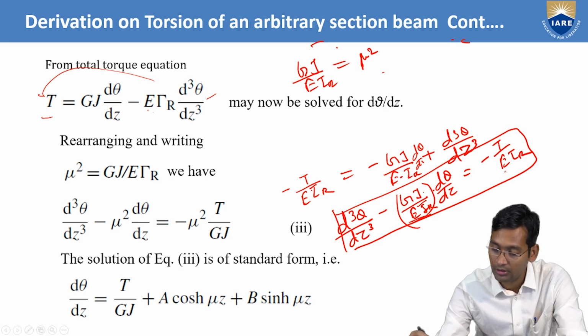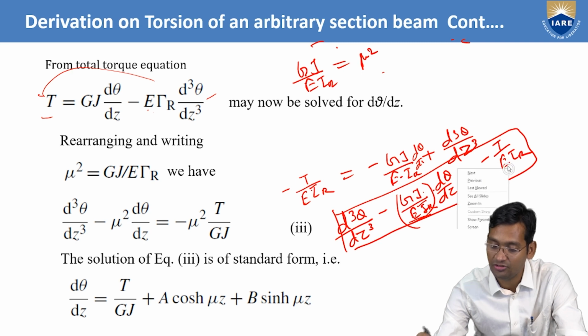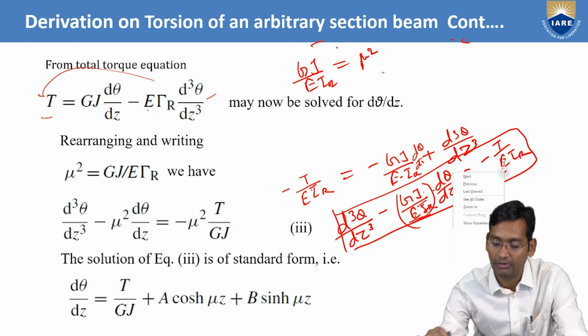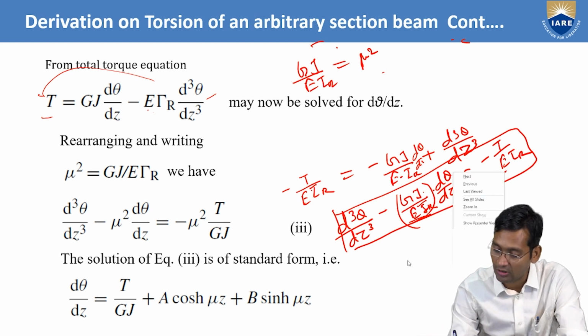But what about this one? Here T by E tau r is there, but GJ is not there, and we require GJ by E tau r, right? So we have to multiply and divide by GJ.